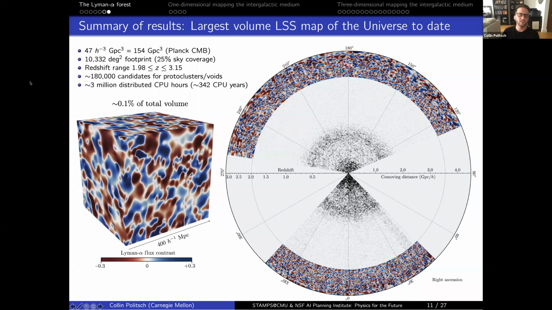Okay, and altogether, the computational cost of this, again, as I alluded to earlier, the expense of spatial modeling is extreme, and we made a number of serious precautions and approximations in order to make this possible at all. But the total cost of this is approximately 3 million distributed CPU hours, 342 distributed CPU years.